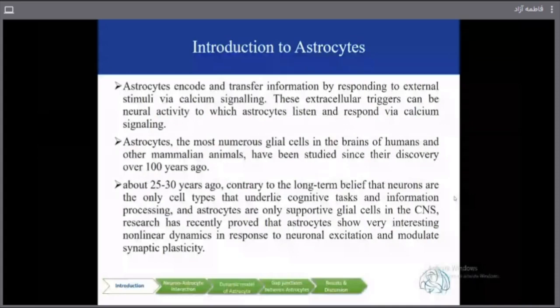The study of astrocytes started about 100 years ago, and then about 3 decades ago, experimental observations supported the fundamental role of astrocytes in response to neural excitation and synaptic plasticity modulation. In fact, astrocytes encode information in the amplitude or frequency of their calcium oscillations.